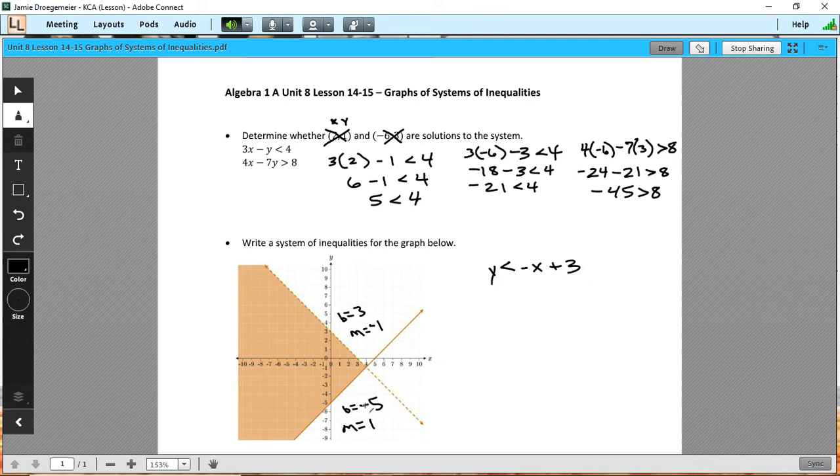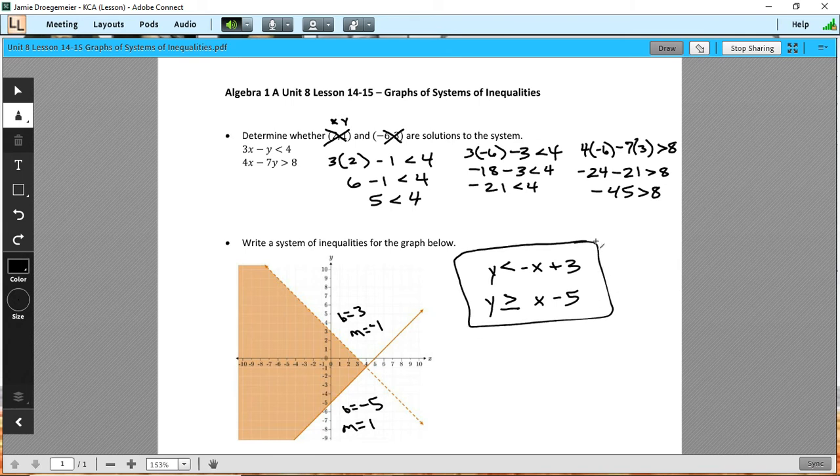Our second one here, our slope is positive 1, so that's 1 times x minus 5, and the y-intercept is negative 5. For this one, the shading is above the line. And notice it's a solid line instead of a dashed line. If it's solid, then that means it's greater than or equal to. The first one had the dashed line, so we don't have that equal to there. And so this would be our system of inequalities.